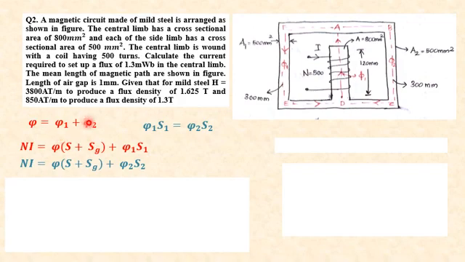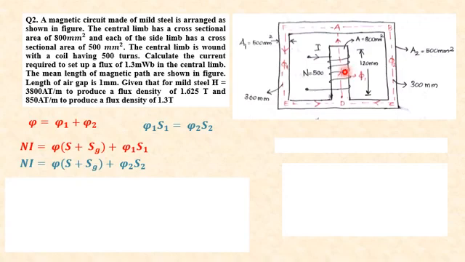Here we can see that the side limbs are similar. They have the same length L1 as well as the same area of cross section, so their reluctance values will be the same.